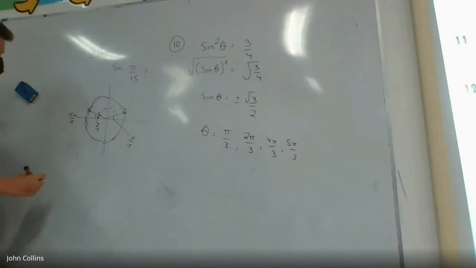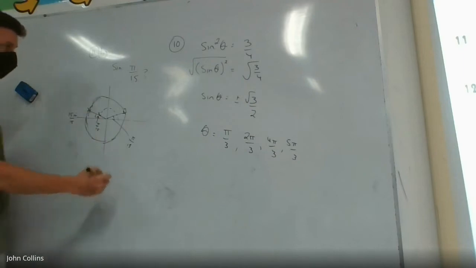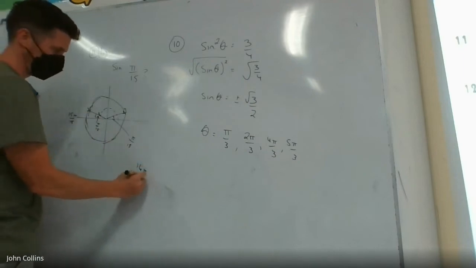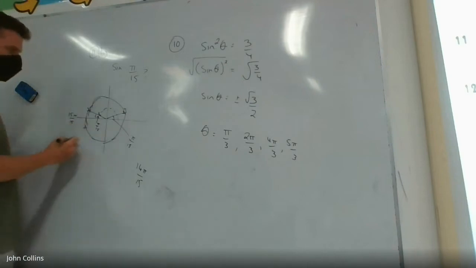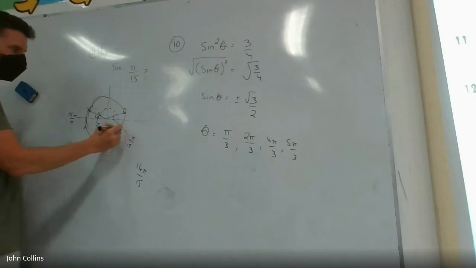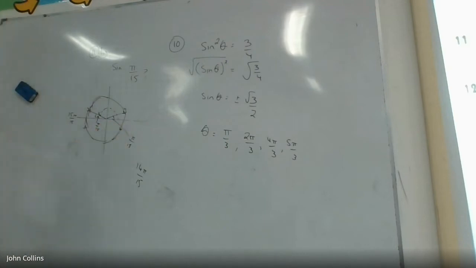So 14 pi over 15 will be one less. So 14 pi over 15. Find obtuse angles which have the same sine as pi over 15. I think that's the only one, because the other sine would be negative. There would be a similar value here, but it would be negative, and a similar value here, but it would be negative as well. I think there's only one answer.